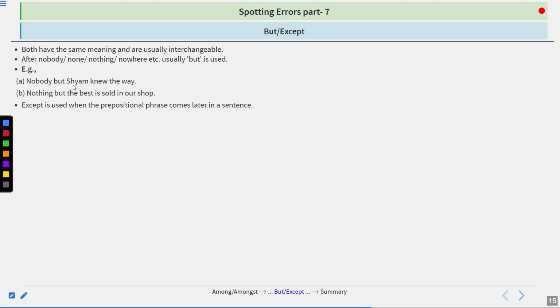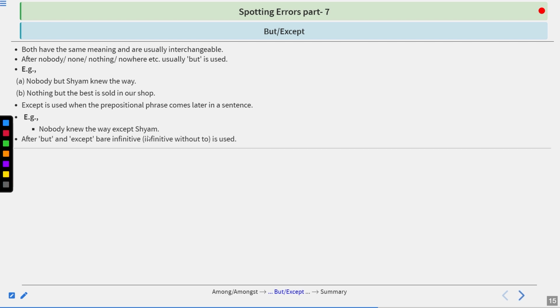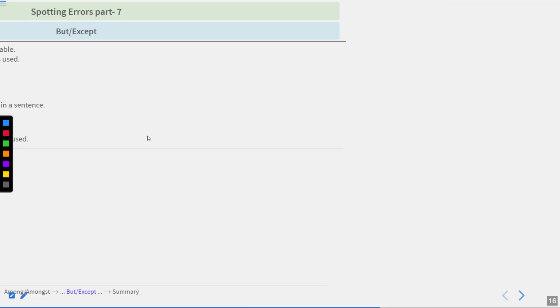I hope you understood. Except is used when the prepositional phrase comes later in a sentence. Nobody knew the way except Shyam. So we use except. When we use except as a preposition, it is placed at the end of the sentence. After but and except, the bare infinitive, which means infinitive without to, is used.